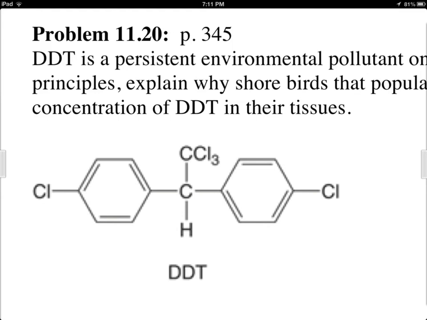It's because this molecule overall is fairly large, and although it's a little bit polar, especially right here, it's fairly nonpolar overall. So this is going to be soluble in the bird's fatty tissues, and therefore they're going to have a high concentration of this in their tissues. The fatty tissues are organic, and this is an organic molecule.